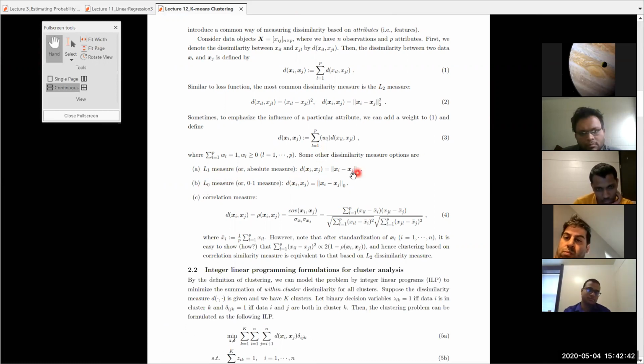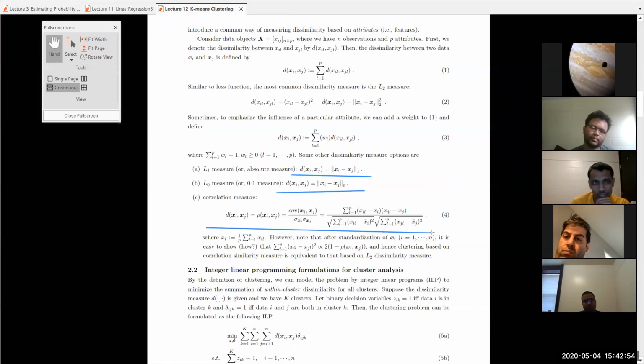You have the L1 measure, where D between xi and xj is the L1 norm, or the 0,1 norm, or the correlation norm. Why correlation norm? Because in unsupervised learning, in many cases you want to see how uncorrelated or how correlated the two data are, so you may use the correlation measure.